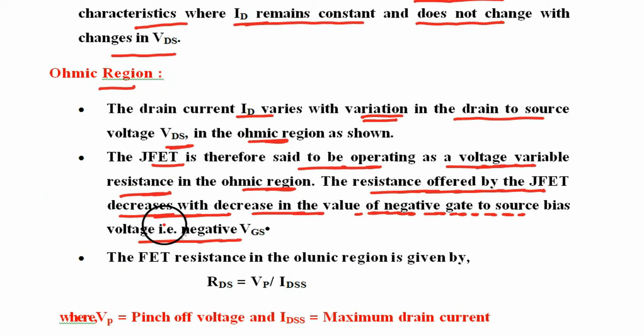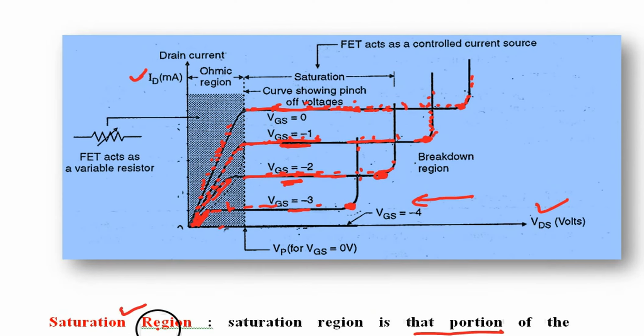The resistance offered by the JFET decreases with the decrease in the value of negative gate to source bias voltage. Decrease in the value of negative means, as we go from -3 to 0, the slope is increasing and the conduction increases too.